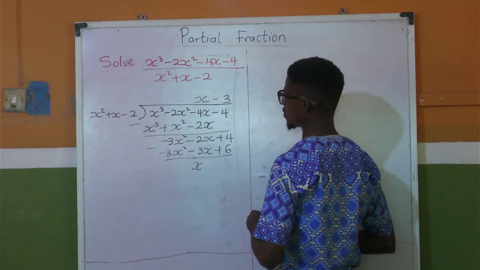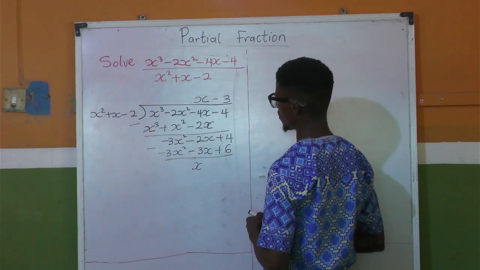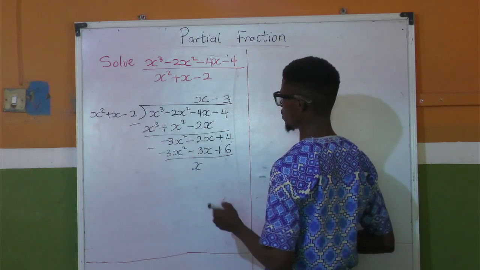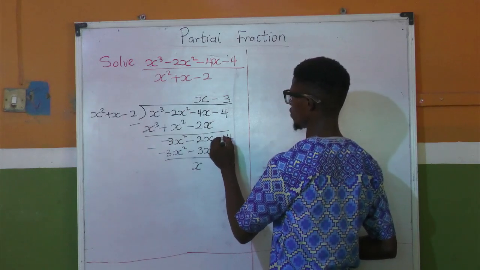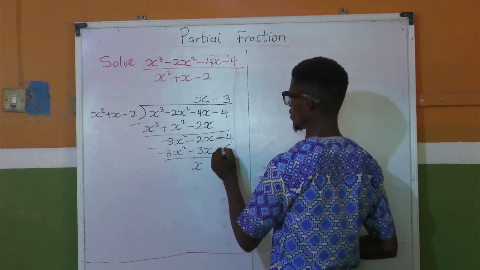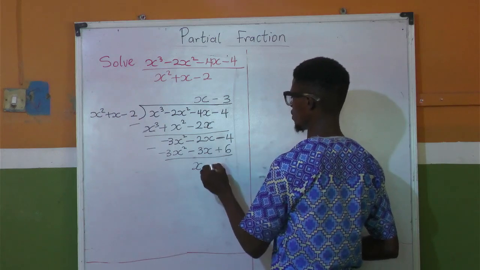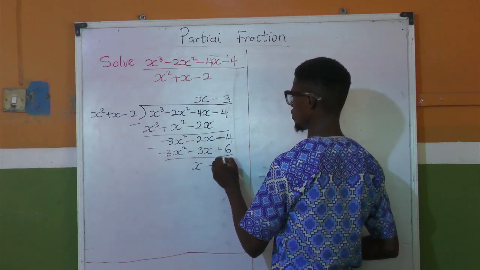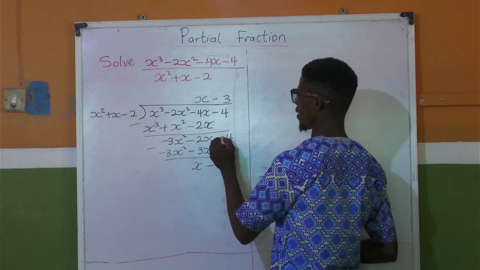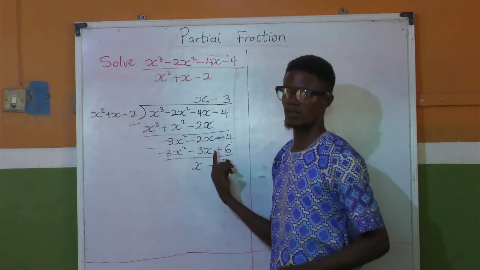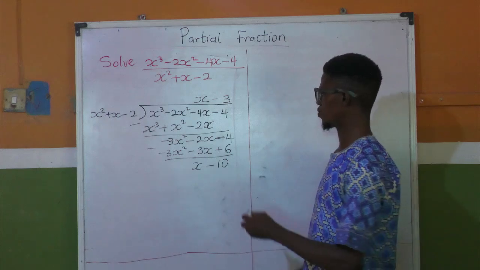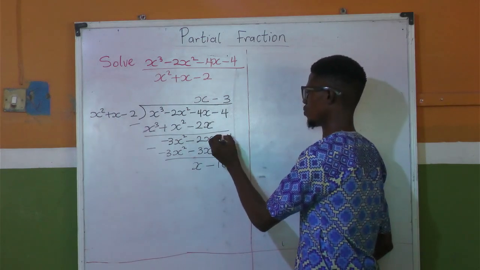Let's look at this again. Yes, this is supposed to be minus 4, sorry. So this is minus 4, this is plus 6. So minus 4 minus 6, that's minus 10. So please take note of your signs. You can see I misplaced my sign for this particular expression. You have to take note of your signs when you are solving.